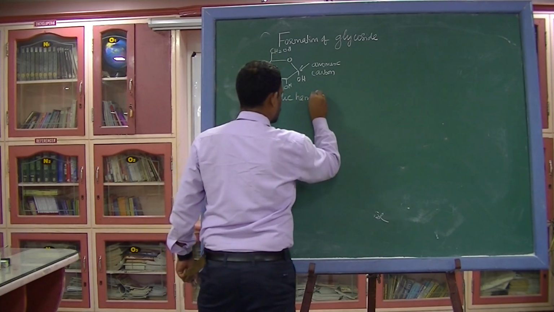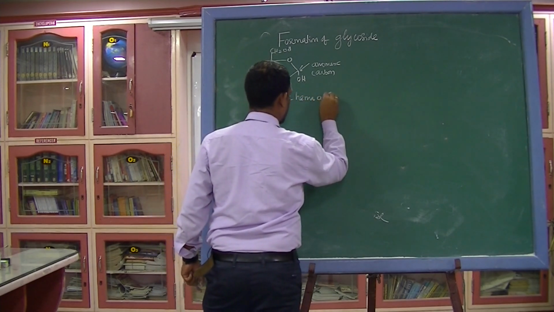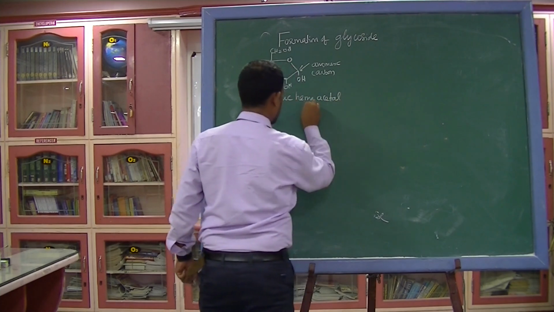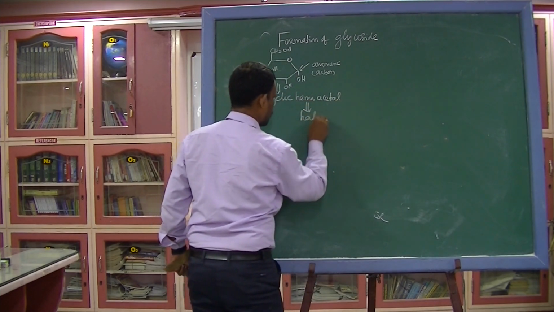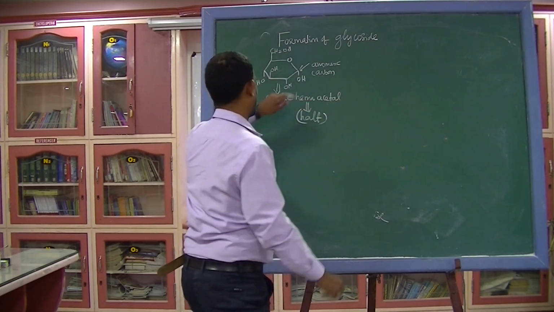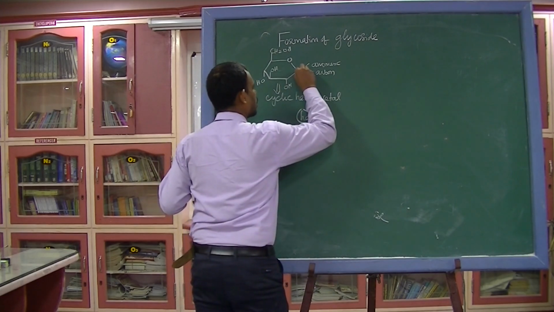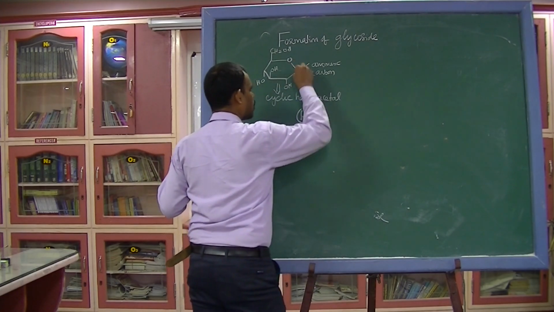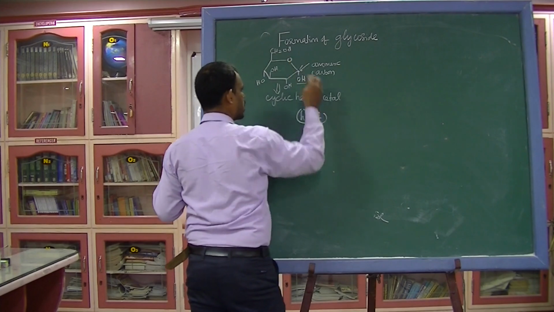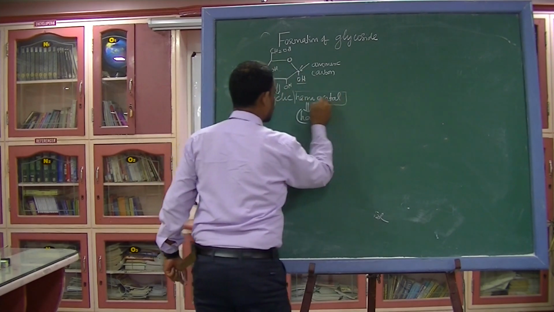Am I right? So hemiacetal. Hemi means half. So you have a carbon, and on that carbon you have one OH and one oxygen. That is nothing but your hemiacetal.